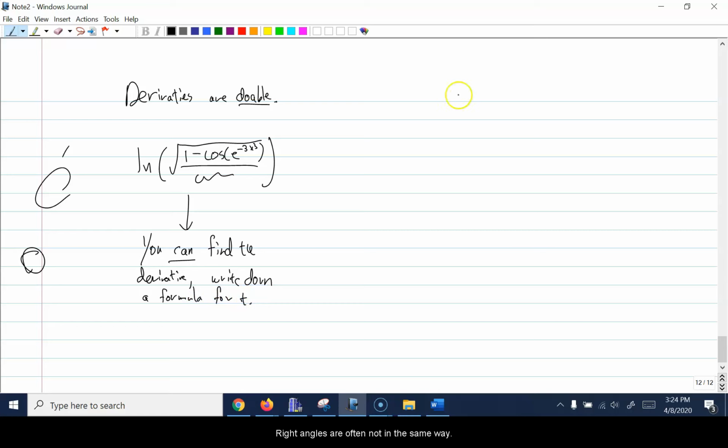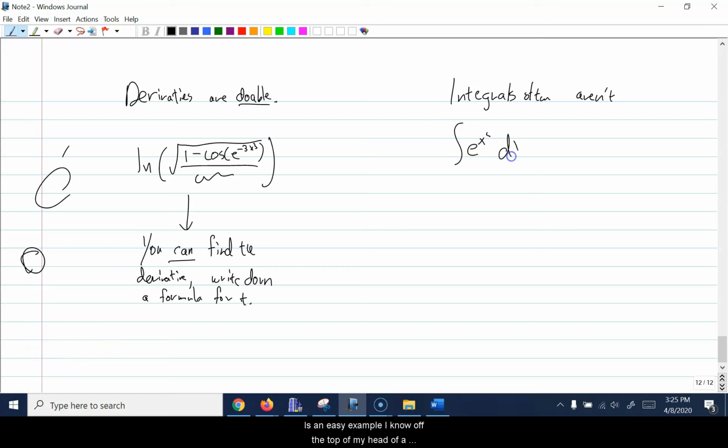Integrals are often not in the same way. As a quick example, the integral of e to the x squared is an easy example I know off the top of my head of a function that you can't do the integral of.